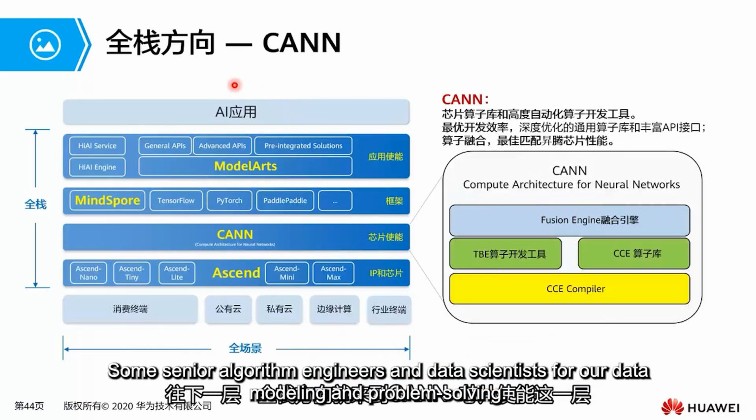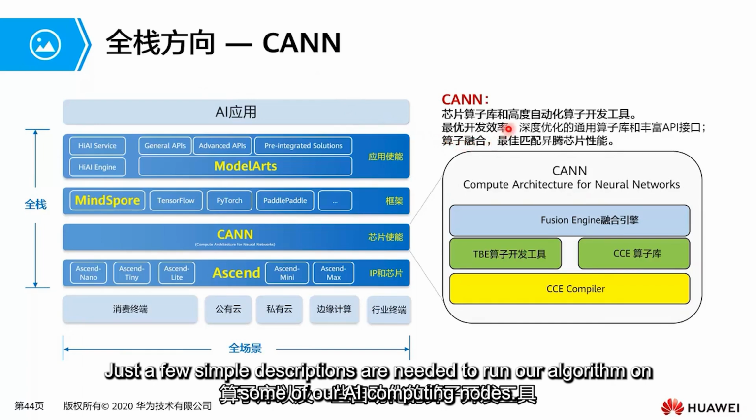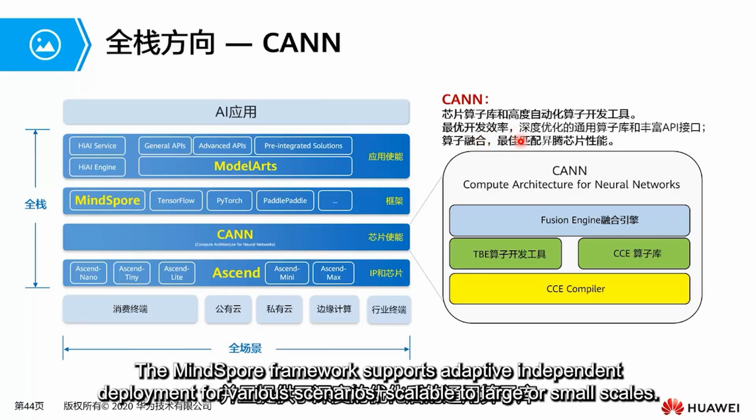The next layer leads us to the level of our CANN chip enablement in the HCIA-AI direction. This layer represents our operator library and some automated operator development tools. It can optimize our development efficiency, and it provides us with a deeply optimized universal operator library and a rich API interface.